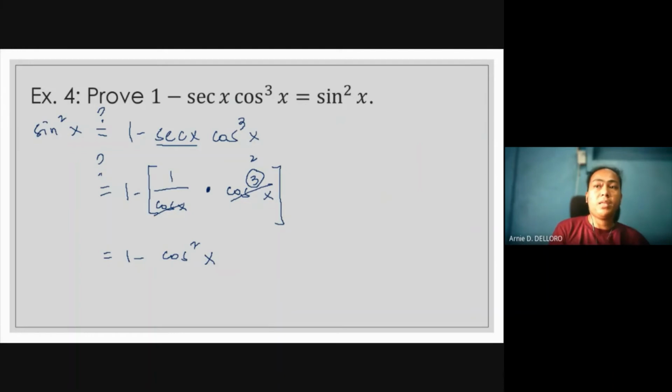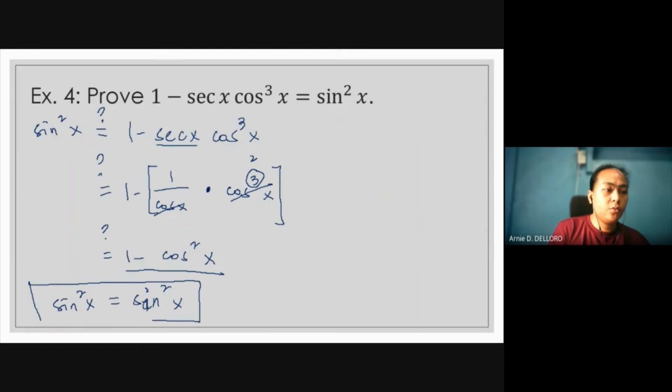So kanina may pinakita na tayong same na itsura nito. Okay? So ibig sabihin, yung 1 minus cosine squared x is equal to sine squared x, which is equal to what we want. Okay? So, ibig sabihin, yung 1 minus secant x times cosine cube x is equal to sine squared x.